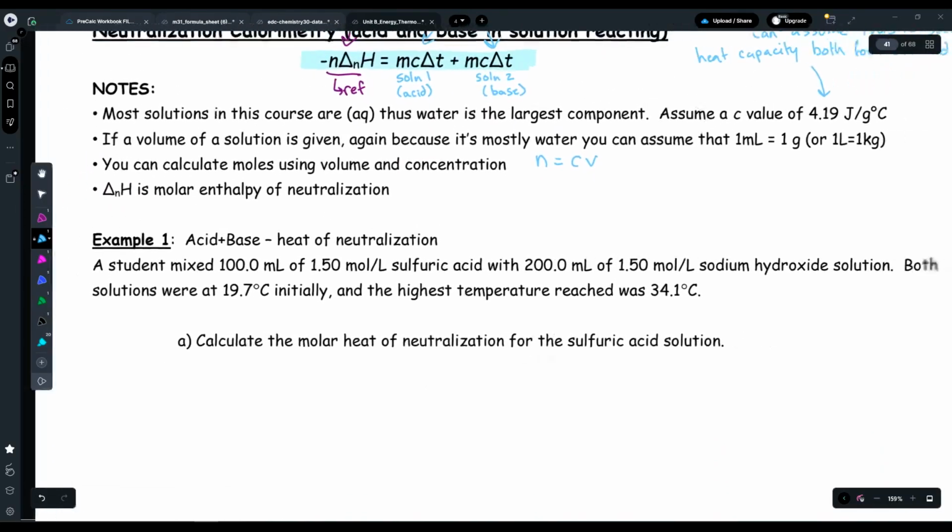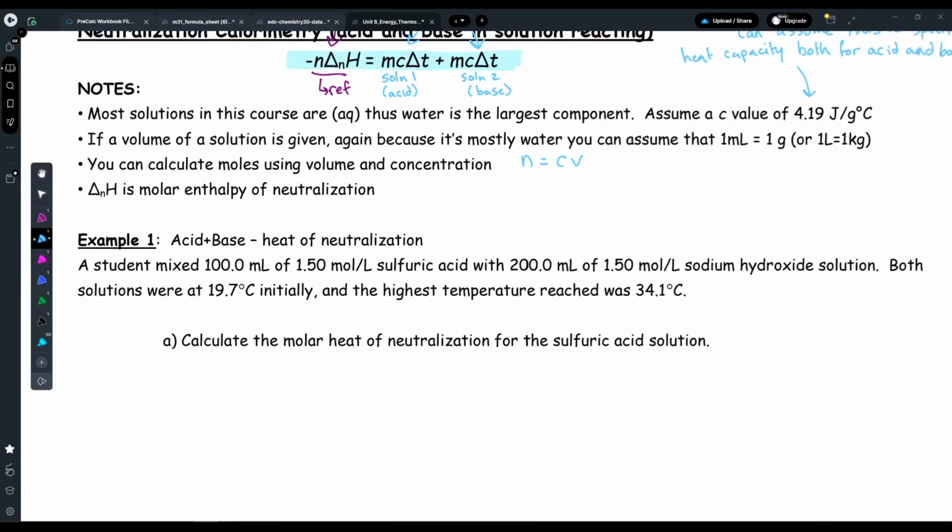All right. For our first example here, we have a student who mixed 100 milliliters of 1.50 mole per liter sulfuric acid with 200 milliliters of 1.5 mole per liter sodium hydroxide solution. Both solutions were at 19.7 degrees initially, and the highest temperature reached was 34.1 degrees Celsius.